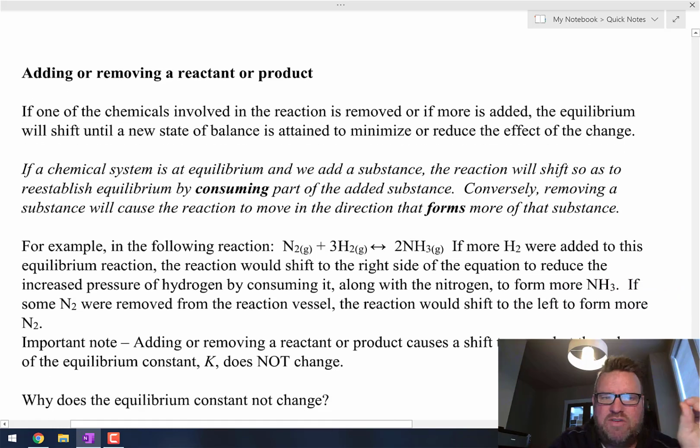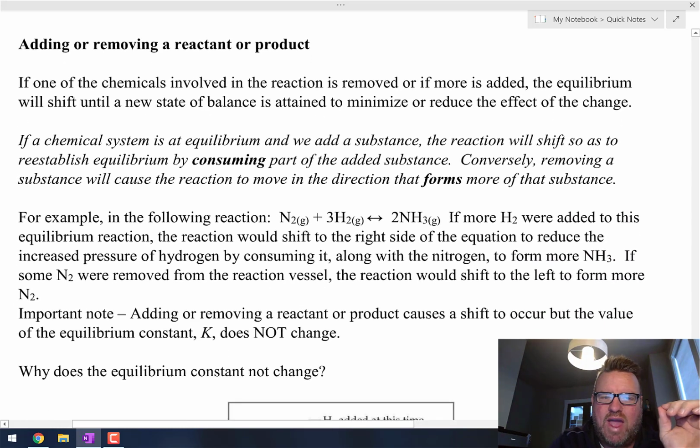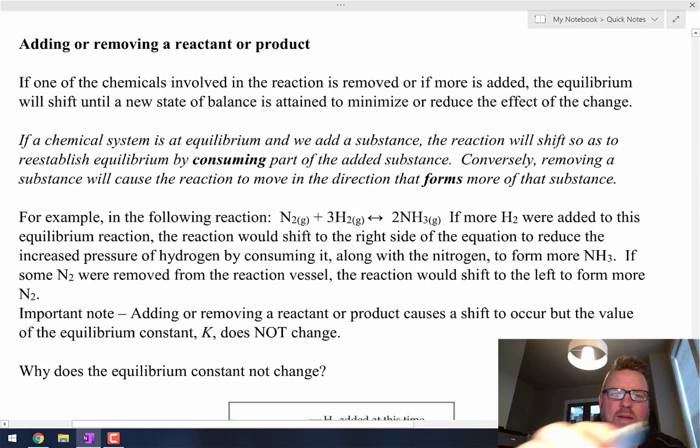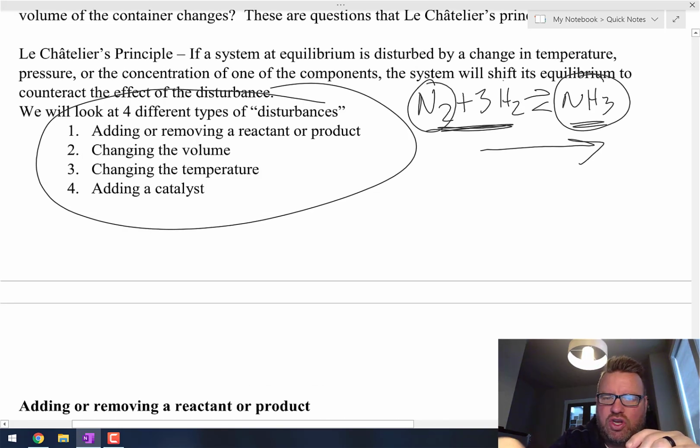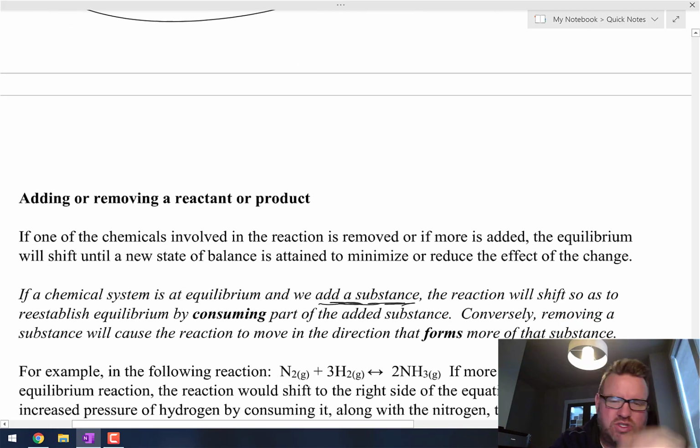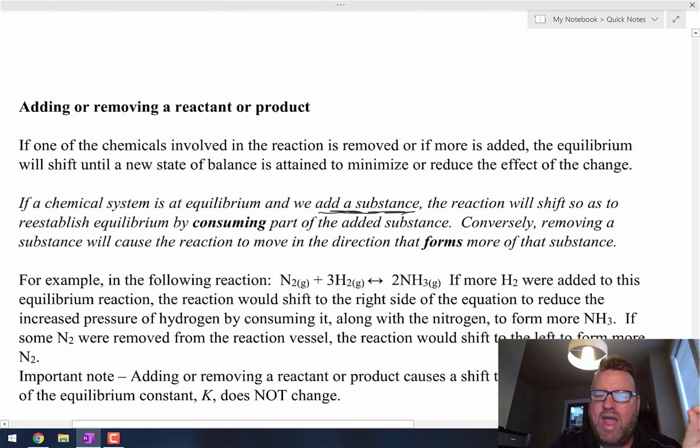What happens if you add or remove one of the reactants or products? When we add a substance, so let's say we add some more nitrogen or some more hydrogen to this reaction, the reaction will shift to reestablish equilibrium by consuming that added substance.